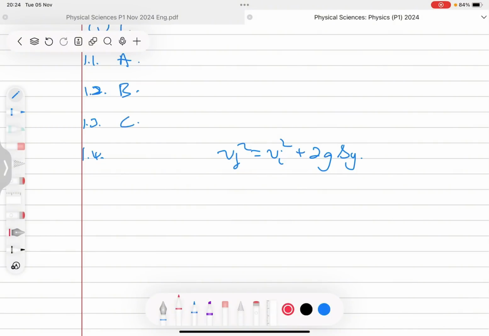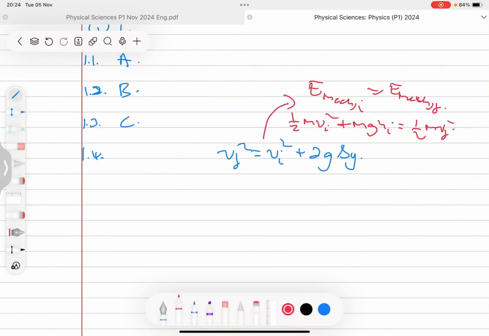I also want to advise that you can say the mechanical energy Emec initial is the same as the mechanical energy Emec final, right? And this equation will expand into half m v initial squared plus m g h initial is equal to half m v final squared plus m g h final, right?